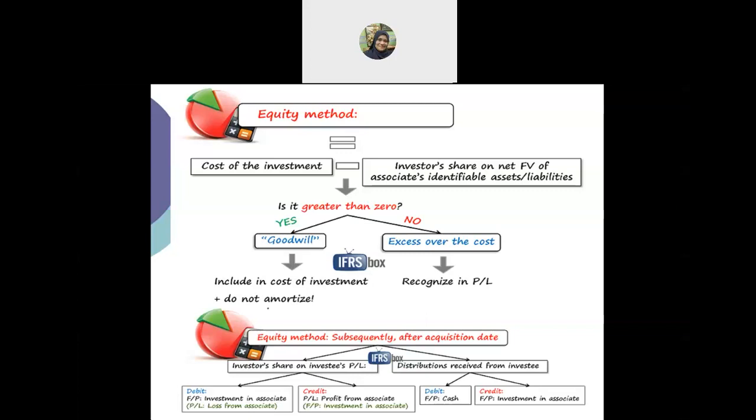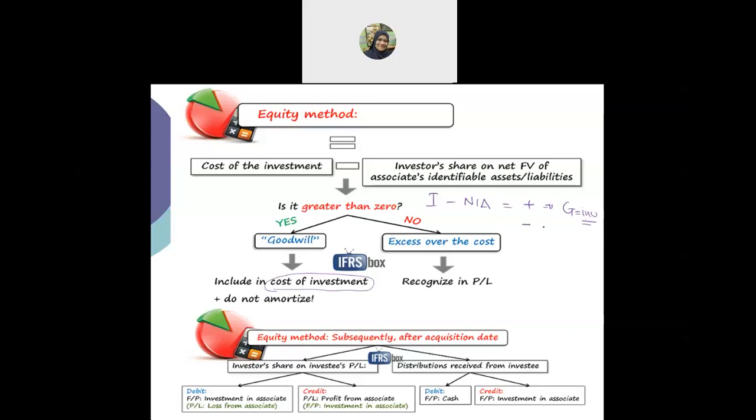The goodwill here will be included as a part of the investment. So the amount you paid for the investment minus the net identifiable assets, if this is positive, becomes goodwill. This goodwill will be a part of the investment. We don't recognize it as goodwill separately in the statement of financial position.